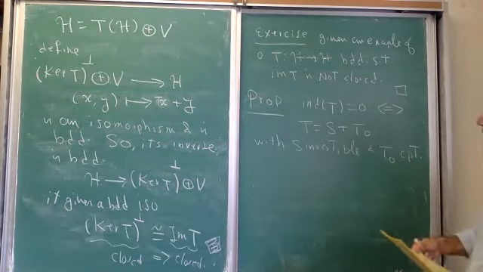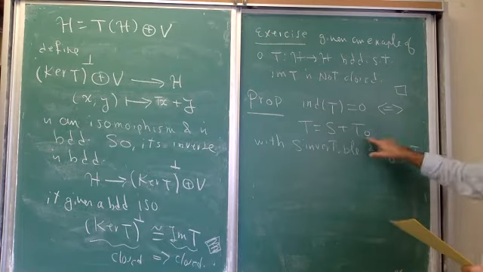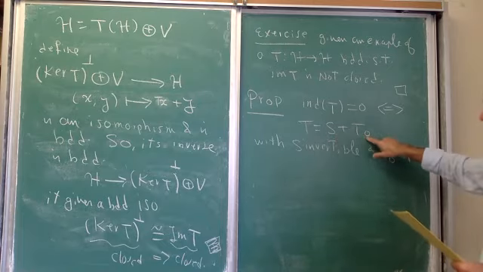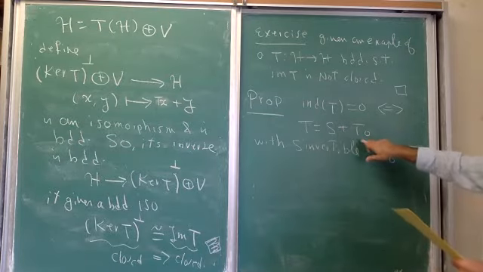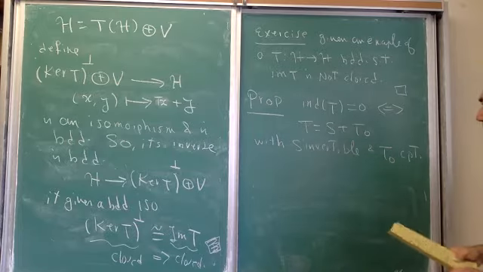So that's a very nice result. It characterizes index zero Fredholm operators. Index zero Fredholm operators are those operators that are of the form S invertible plus compact. Invertible plus almost zero operators are going to give us index zero Fredholm operators.